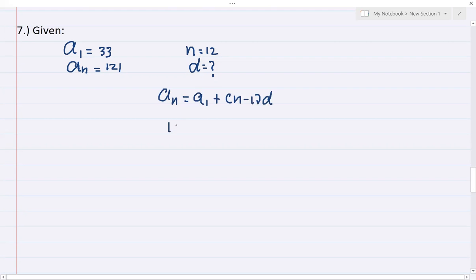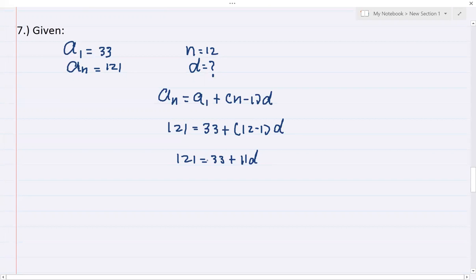Your a sub n here is 121, equal to a sub 1, 33, plus n, which is 12, minus 1, which is 11, times d.